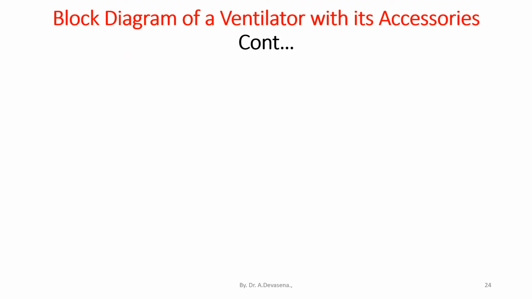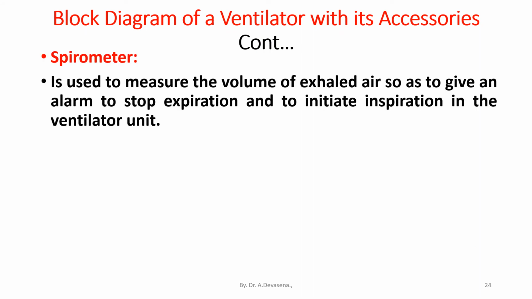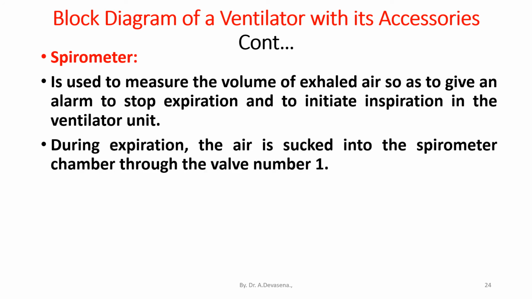Spirometer. It is used to measure the volume of exhaled air so as to give an alarm to stop expiration and to initiate inspiration in the ventilator unit. During expiration, the air is sucked into the spirometer chamber through the valve number 1.